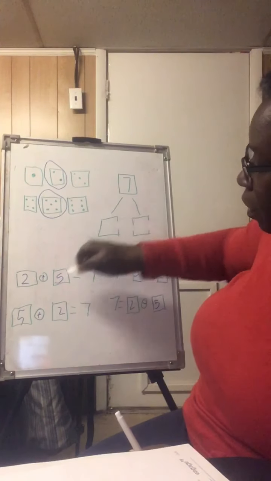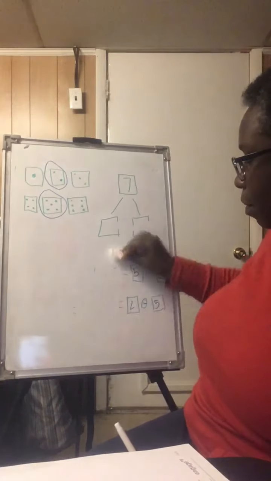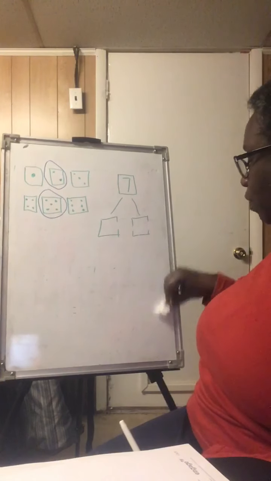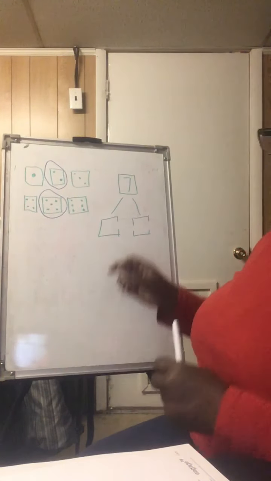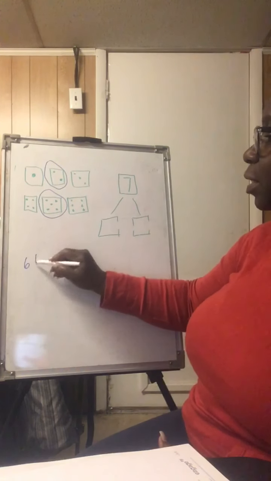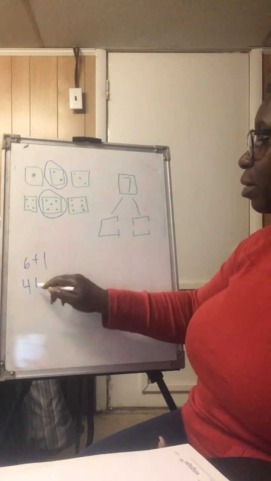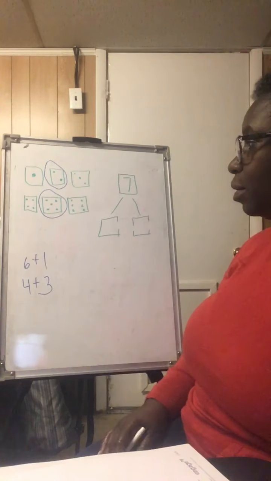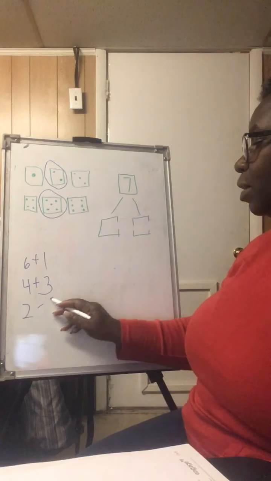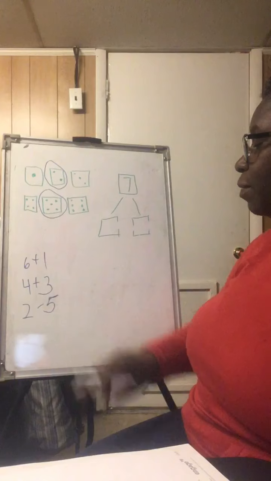I picked 2 and 5 because those are the 2 that I wanted to pick. But what other ways can we come up with something that's going to equal 7? You could do 6 and 1, 4 and 3. I did 2 and 5. 2 plus 5.